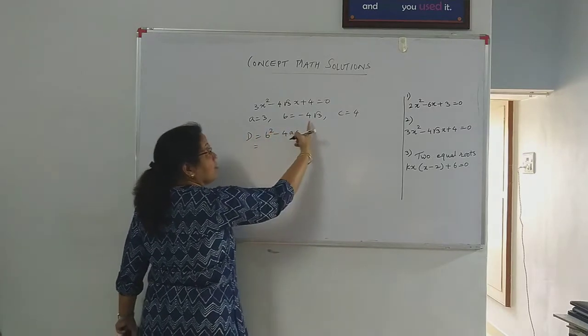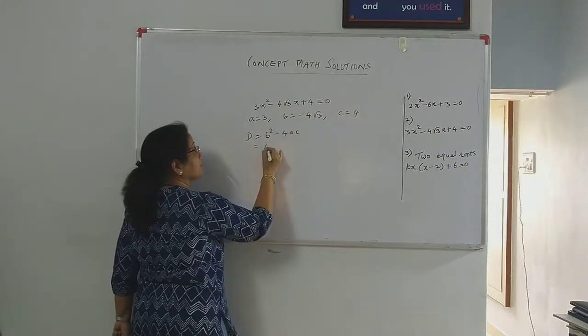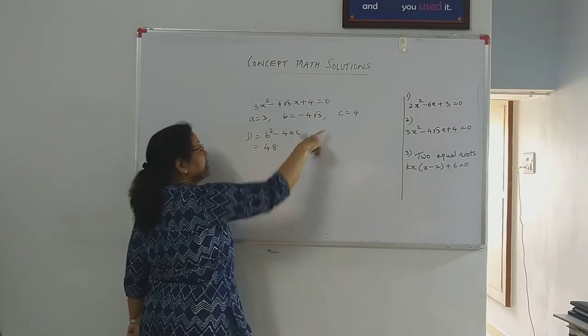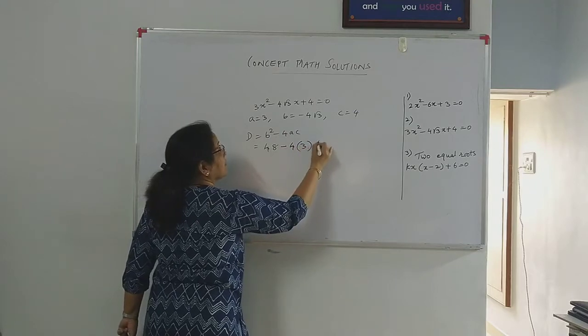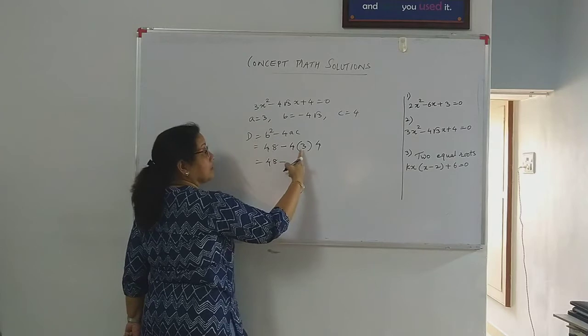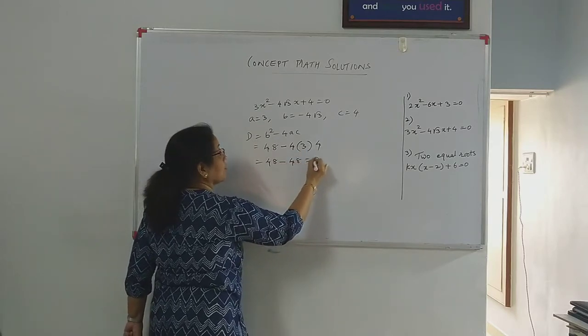So b square, the square of 4 root 3, is 48, 4 fours are 16, 16 threes are 48, minus 4ac. So 48 minus 4 threes are 12, 12 fours are 48, and that's 0.